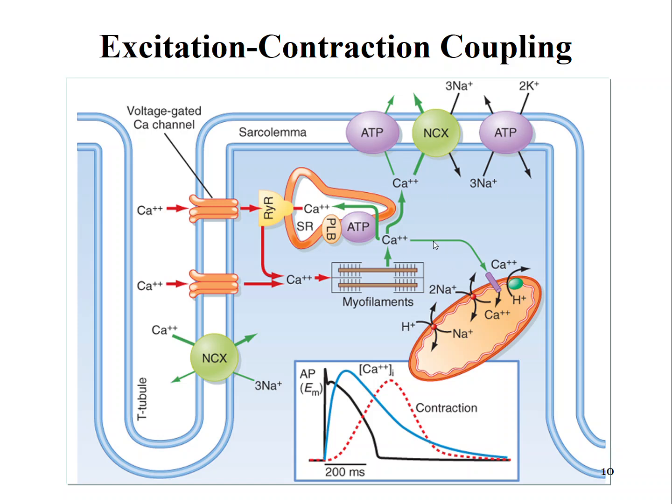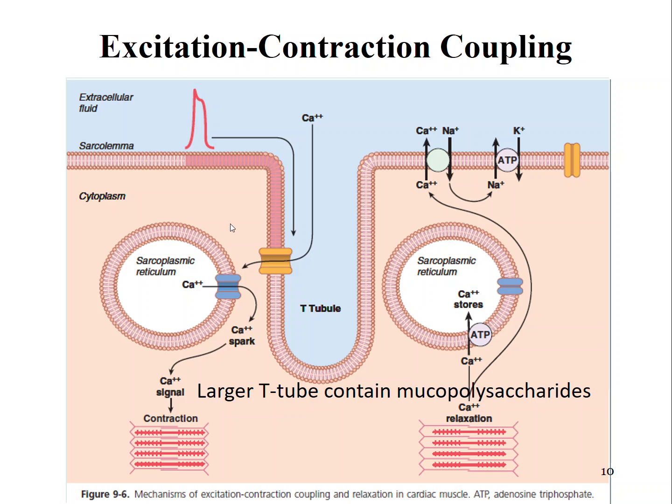Also, some of this calcium will go into the mitochondria. So the mitochondria is an alternative storage for the calcium, but most of it will go to the sarcoplasmic reticulum. So here again you see that mechanism: action potential, permeability to the calcium through this voltage gated calcium channel, this small amount of calcium will release calcium from the sarcoplasmic reticulum through the ryanodine channel.